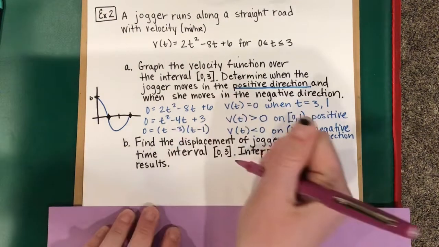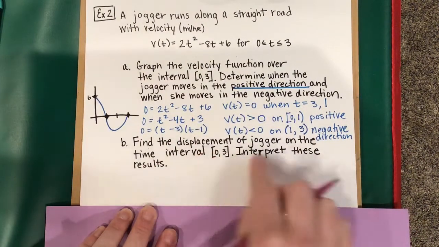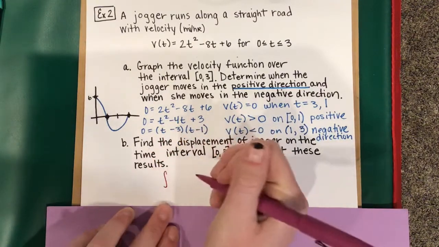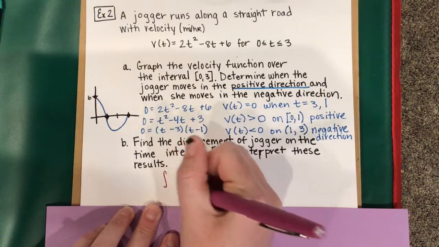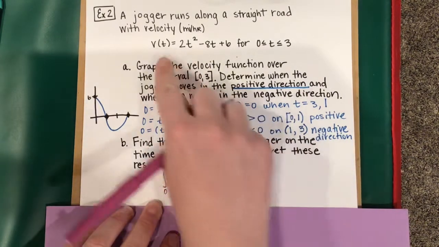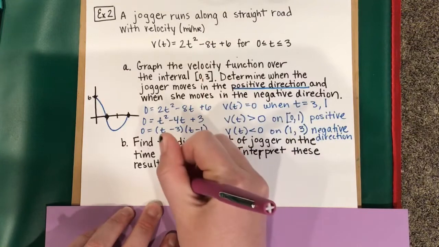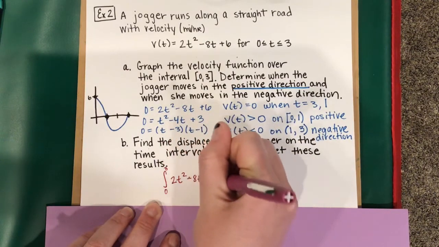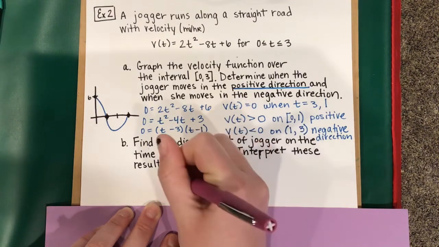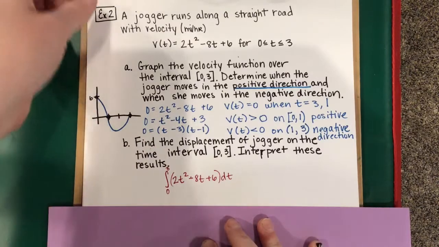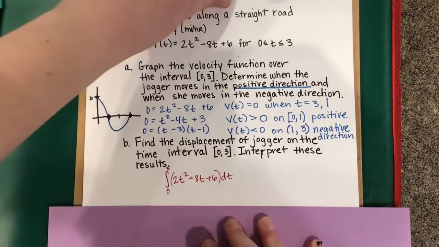And so we said before that our displacement was going to be the integral from a to b, and in this case it's going to be from 0 to 3 of my velocity function, which is 2t squared minus 8t plus 6 dt.